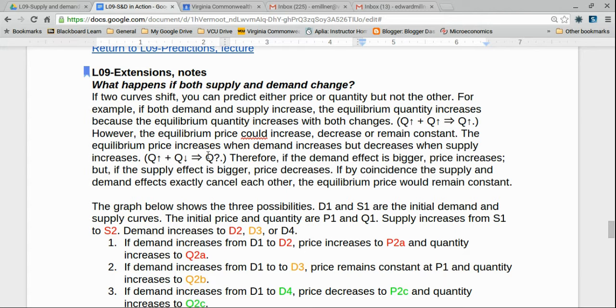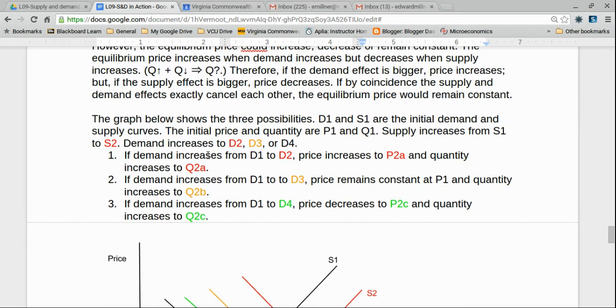Therefore, if the demand effect is bigger, price increases. But if the supply effect is bigger, price decreases. And if by some strange coincidence the supply and demand effects exactly cancel each other, the equilibrium price would remain constant.